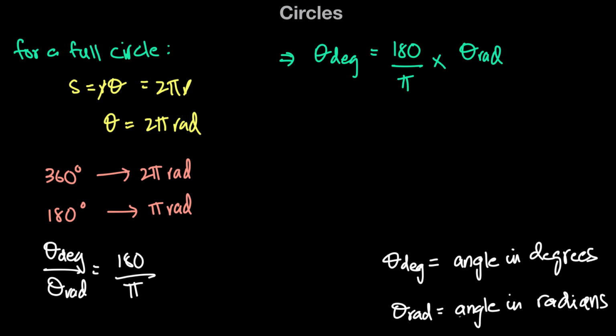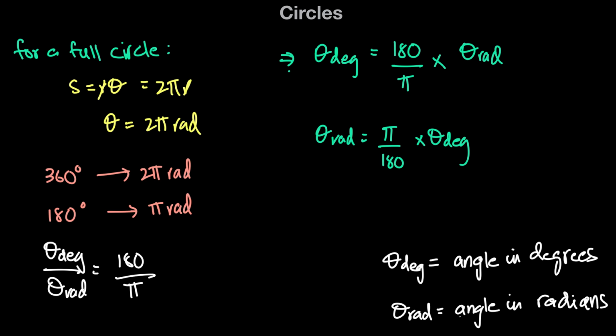Similarly, if I make the angle in radians the subject, so I multiply by radians on both sides and I multiply by pi over 180 on both sides, what I get is that the angle in radians is equal to pi over 180 times the angle in degrees.